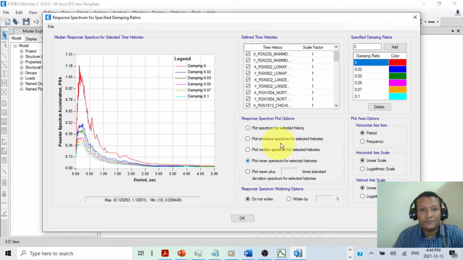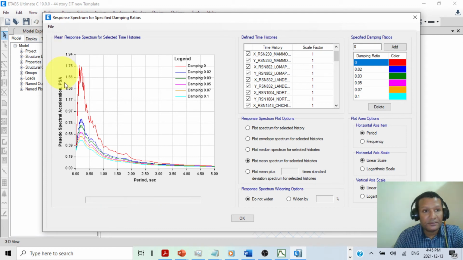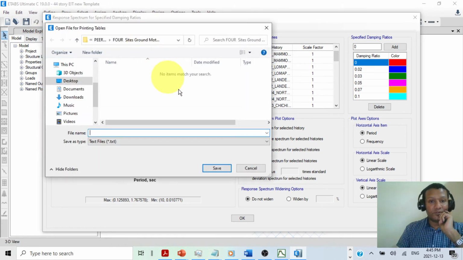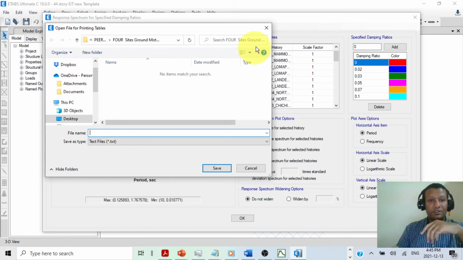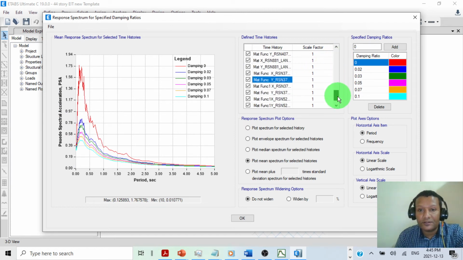Once you have the response spectrum, you can make a file. If you want to take it out, File, this one, Print Data to File. We can take the data to a file to use for our response, for our design. So if you do like this, then you can take the mean of all selected, because we selected all our data.